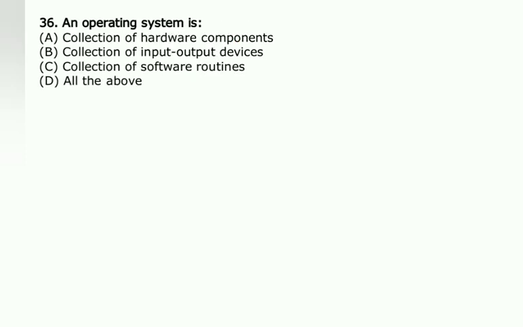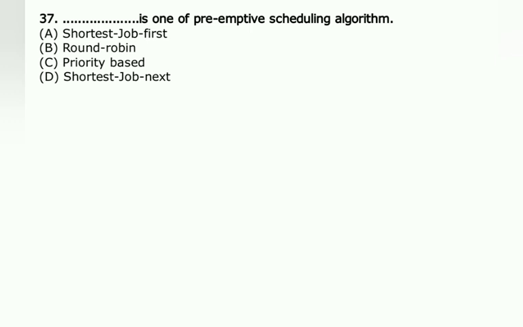An OS is a system software that manages the computer hardware and software resources and provides common services for computer programs. So it is a collection of software routines. Dash is one of the preemptive scheduling algorithms.